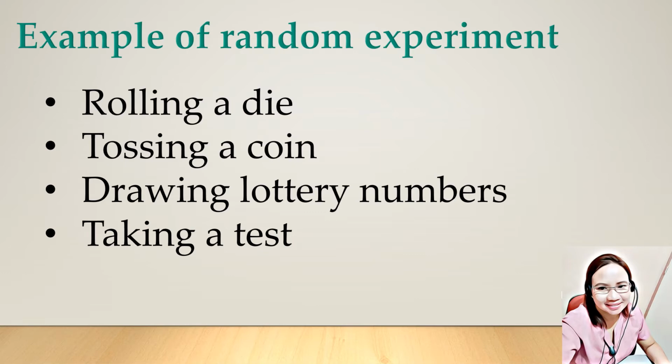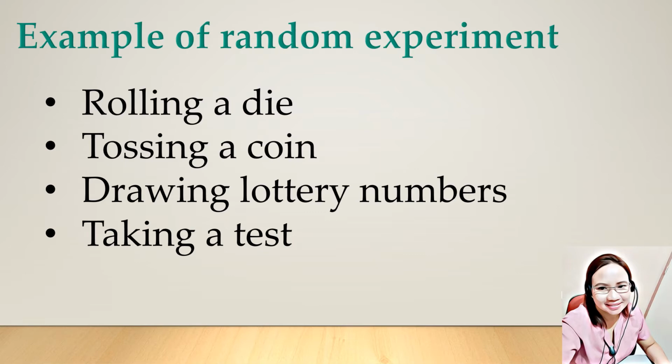When you toss a coin, alam natin na dalawa yung possibility, either head or tail. Pero when you toss a coin, hindi mo talaga exactly mapipredict with 100% certainty na tail yung lalabas or head yung lalabas. When you draw lottery numbers, for example, bumobola ka ng mga numero sa loto, hindi mo mapipredict exactly kung ano talaga yung lalabas na numero.